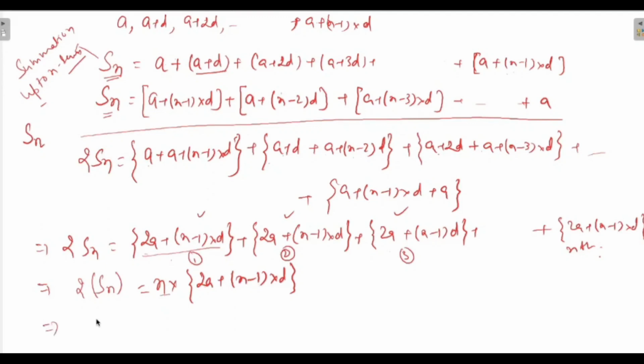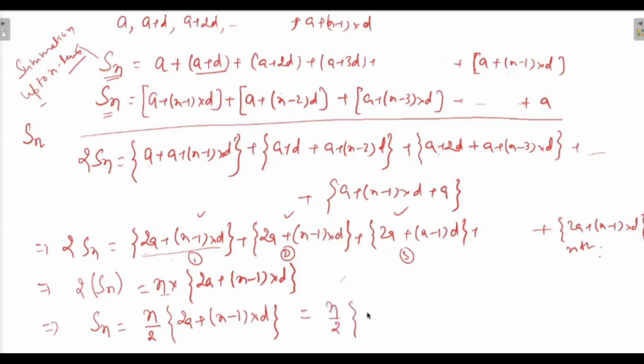So again, I'm going to write Sn. Sn is going to be n by 2, because the 2 is coming to this side, and this will become 2A plus n minus 1 into D. So this is what it is. The formula can also be written in another way, which is n by 2.